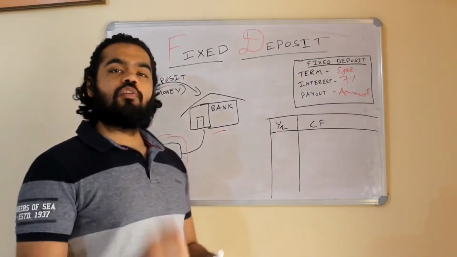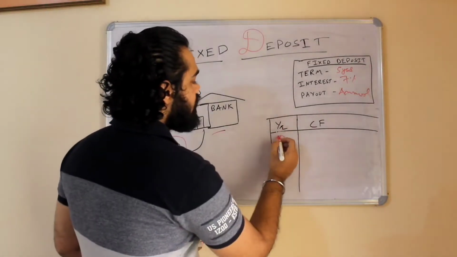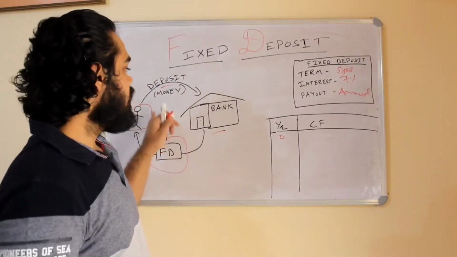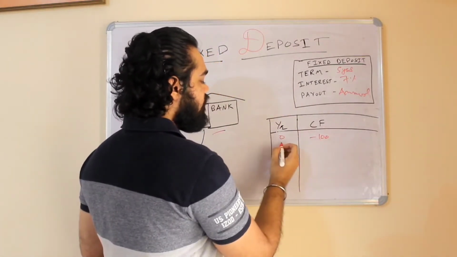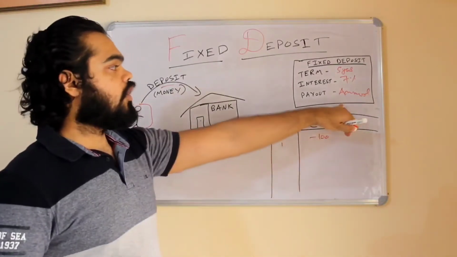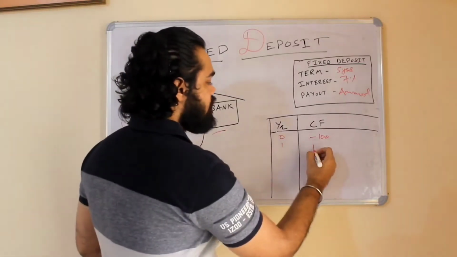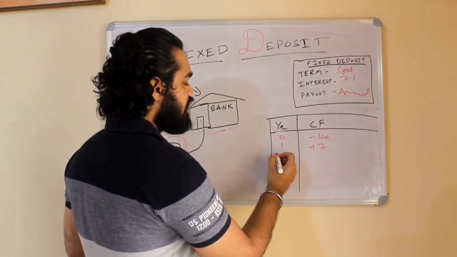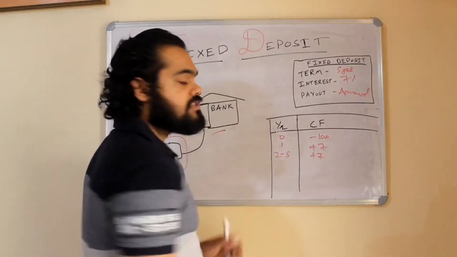So let's understand what will be the cash flows with these terms of FD. As at 0 year, that is on the date of investment, there will be a cash outflow of rupees 100 which you will pay to the bank for opening FD. Now at the end of 1 year, we'll have an interest receipt of rupees 7, that is 7% on a 100 rupee investment. So we'll have a cash inflow of rupees 7. And this cash inflow will continue till the fifth year in the same manner.